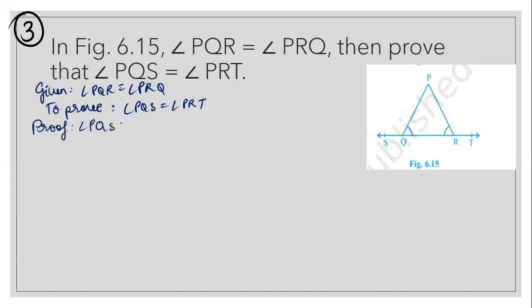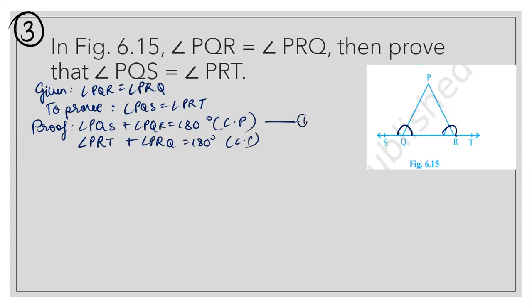Angle PQS plus angle PQR is equal to 180 degrees. Linear pair, right? Angle PQS, this angle, plus angle PQR, that is this angle, is equal to 180 degrees. Linear pair. And angle PRT, this angle, plus angle PRQ, that is this angle, is equal to 180 degrees. Again, because it's a linear pair. Let's take this to be equation number 1.